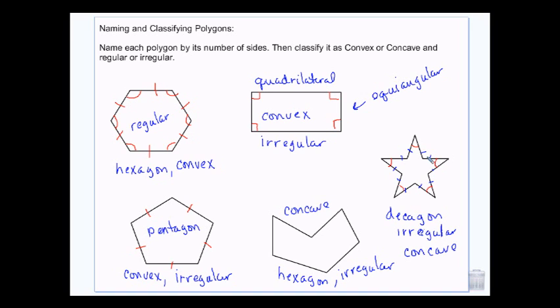So they don't match. So it's not regular. But more so, no concave polygon is ever going to be regular. So if it's concave, it's automatically irregular. Okay?